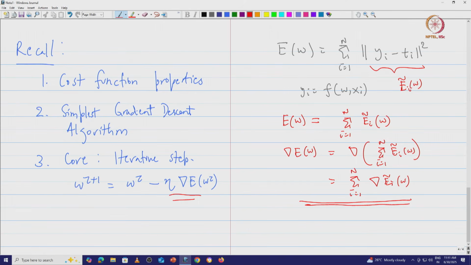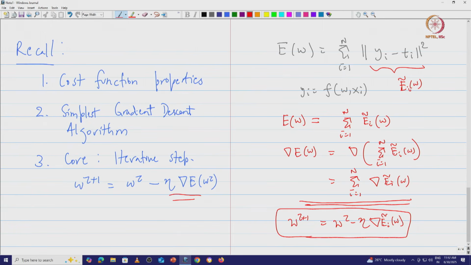So, how do we do that? In the iterative step, in the simplest gradient descent, omega tau plus 1 equals omega tau minus eta, instead of taking nabla E of omega tau, we can randomly pick a training point, calculate the gradient nabla E i tilde of omega at that particular ith training point, and then use this instead of nabla E of omega.